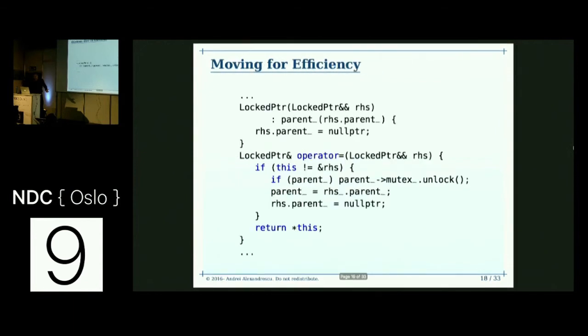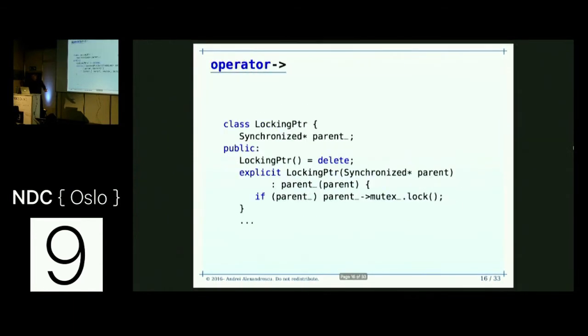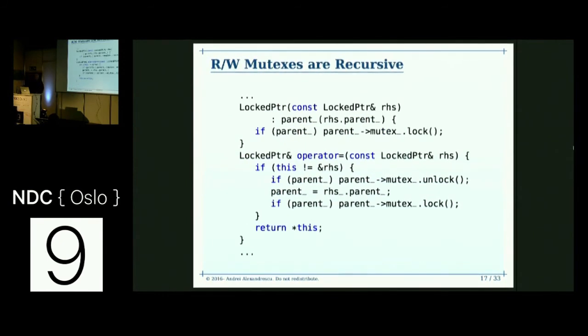I'm missing a slide here. The next slide should have been the identical code, except the name locking pointer would be const locking pointer, and this would be a call to shared lock. As a small detail, you should know that readers-writer mutexes are recursive, so you can lock the same thing multiple times, which is convenient.